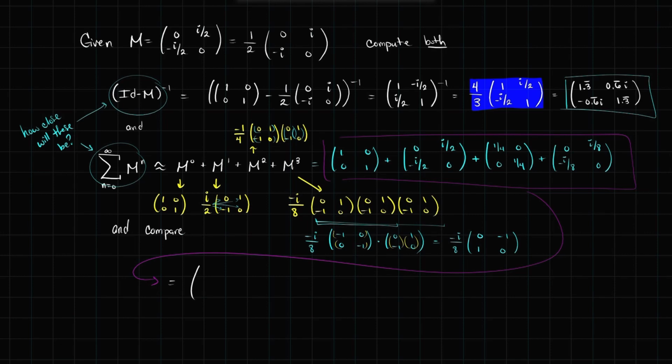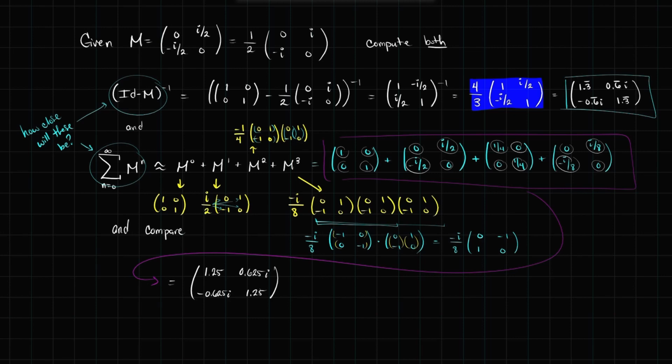Top left element, I have 1 plus 0 plus 1/4 plus 0. That's 1.25. I have 0 plus 1/2 plus 0 plus 1/8. 1/2 plus 1/8 is 0.625 i. I have 0 minus 1/2 plus 0 minus 1/8 is negative 0.625 i. And I have 1 plus 0 plus 1/4 plus 0 is 1.25.